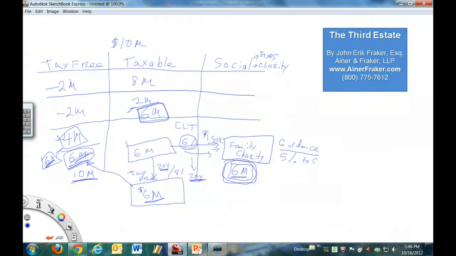So at the end of the equation, your family has received $10 million straight up, and they've also received a $6 million family foundation. And that is the magic. In this case, the charity actually got more than the IRS was going to get had you just paid your taxes up front. That's the magic of doing the charitable lead trust, and that's the power of the third estate.